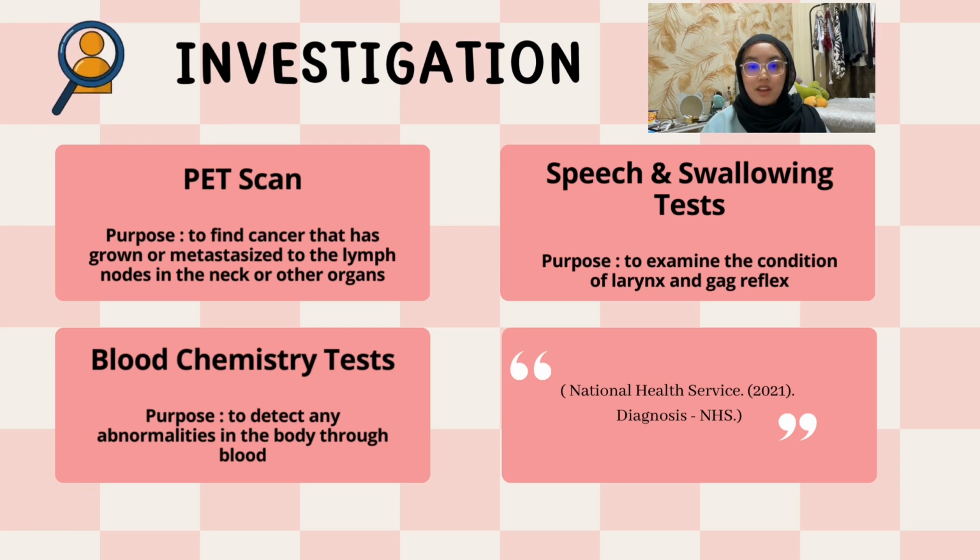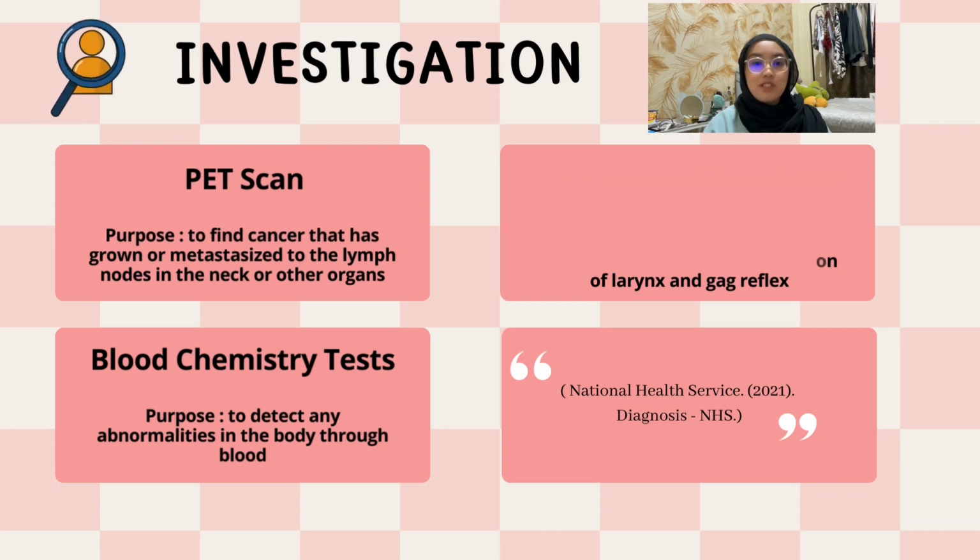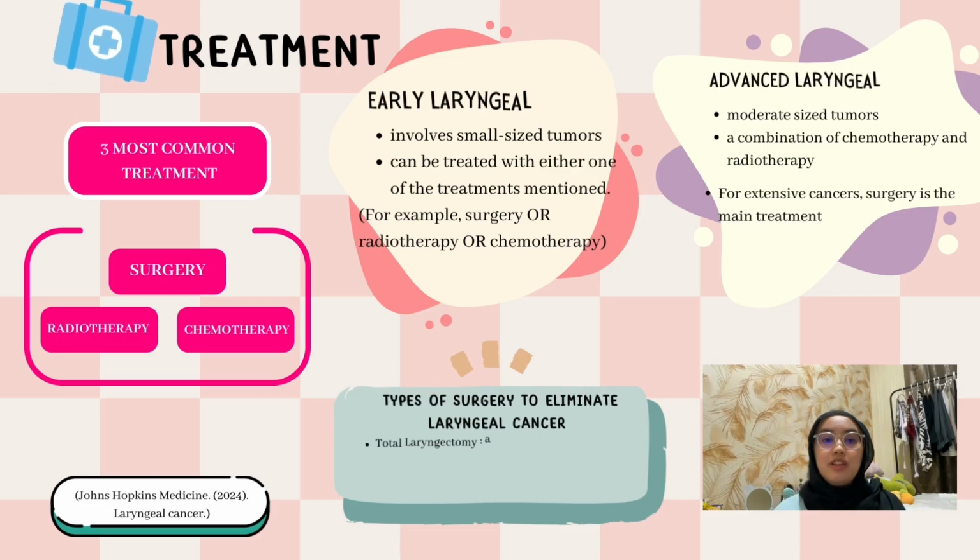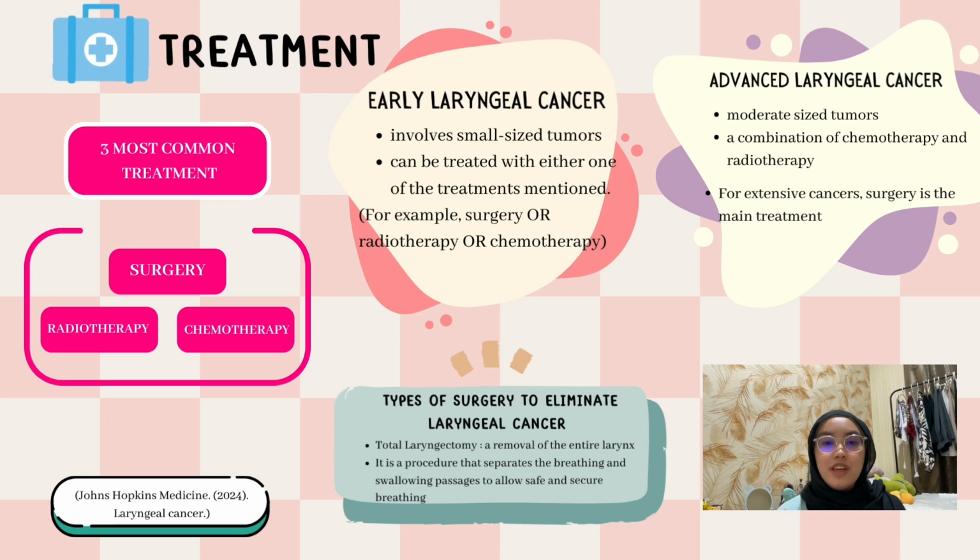And then lastly, we have the blood chemistry test. This test is done to detect any abnormalities in the body through blood. For example, the doctor may order FBC, which is full blood count, to detect any abnormalities found in the patient's blood.